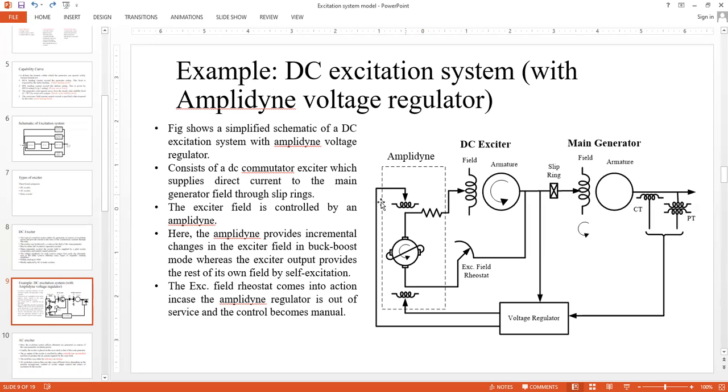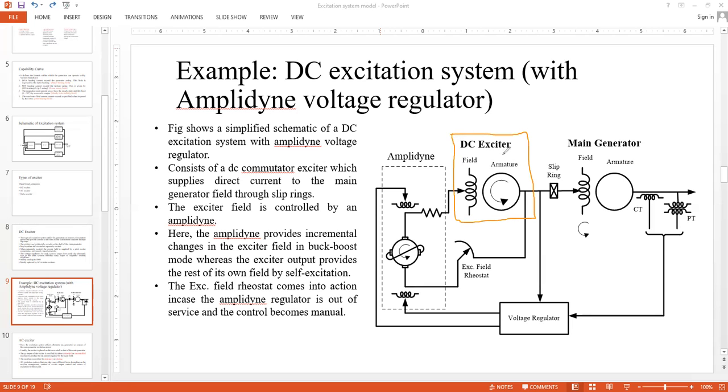I'm not going into the detail of that because that is not our target. But the main information we should extract is that the Amplidyne is providing some sort of control to the field circuit of the DC exciter. So this block is basically your DC exciter, which is nothing but a DC generator.